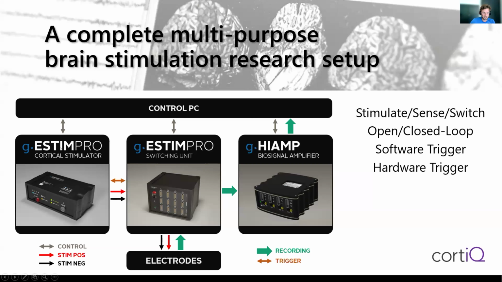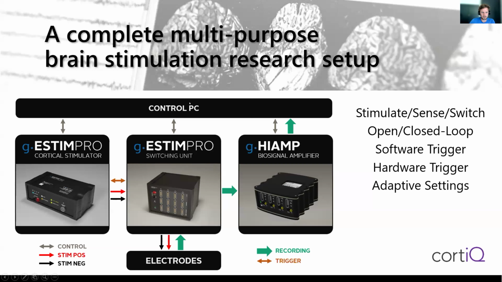For example, the stimulator and the switching unit have a physical connection via a trigger cable. And depending on who is triggering whom, either the stimulator or the switching unit, or vice versa, one of those devices sends out a TTL pulse, a 5-volt pulse, which then immediately causes the other device to react. So this is very important to know.